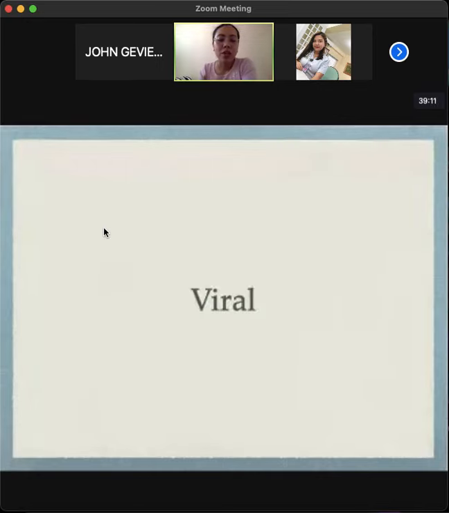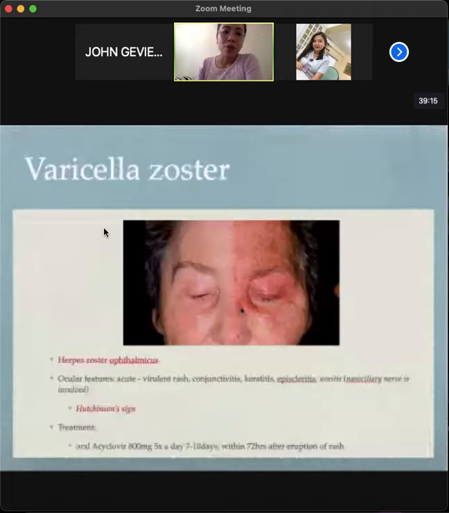Next are viral infections involving the eye. Very important to know, you would always encounter this even if you're rotating in internal medicine: varicella zoster, or herpes zoster ophthalmicus if it involves the eye. Typical findings would be a maculopapular rash on one side of the forehead and on the periorbital region.